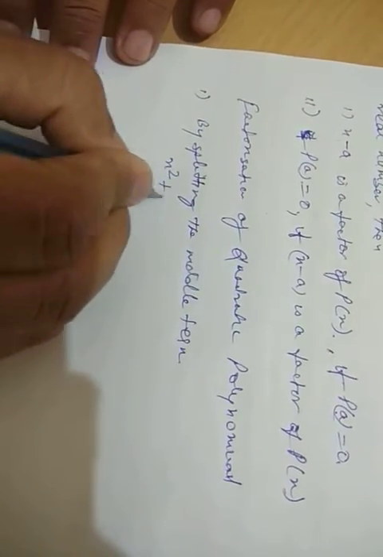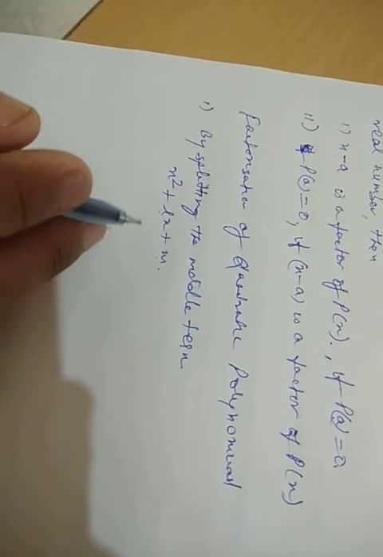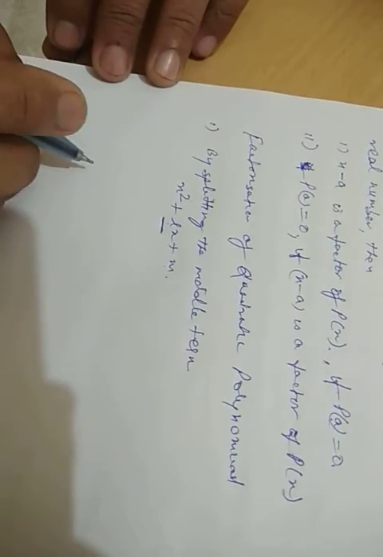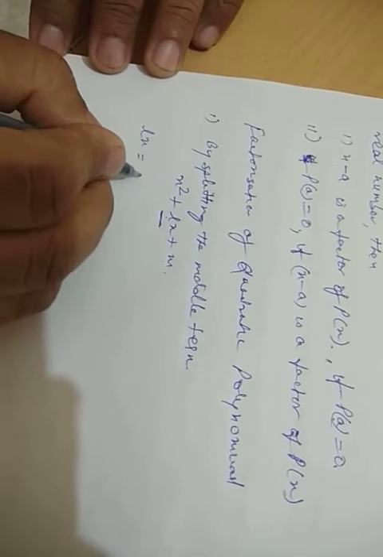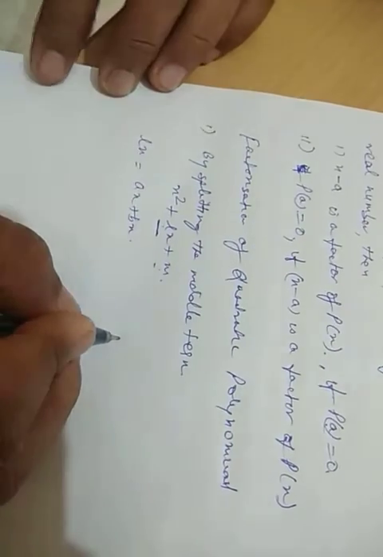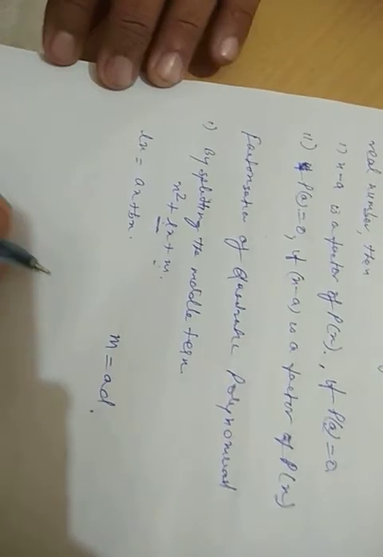Suppose a quadratic polynomial is taken of the form x square plus lx plus m, where l and m are constants. Now we will split the middle term lx. It can be split as lx equal to ax plus bx, and m can be split to be of the form ab.